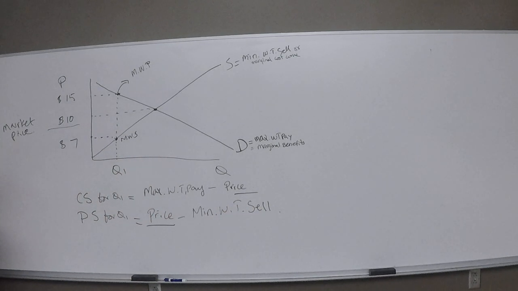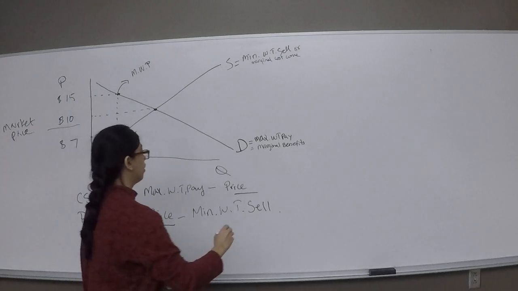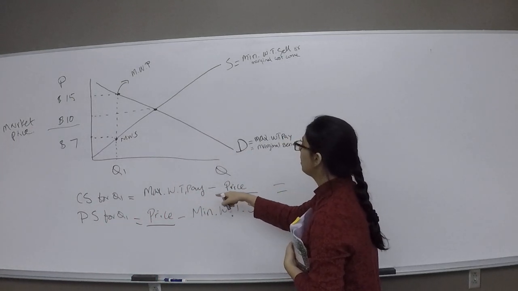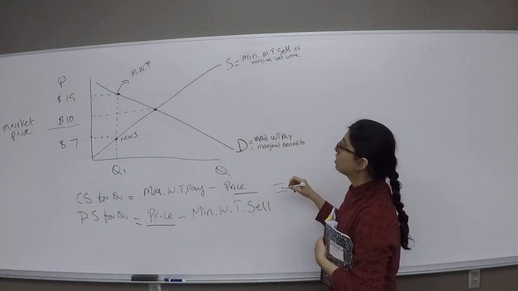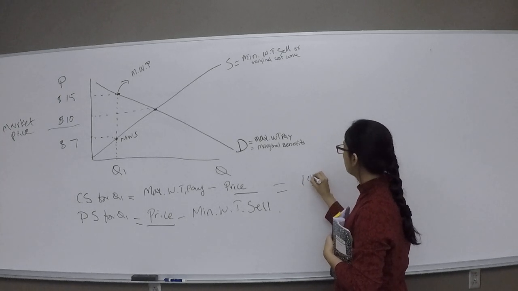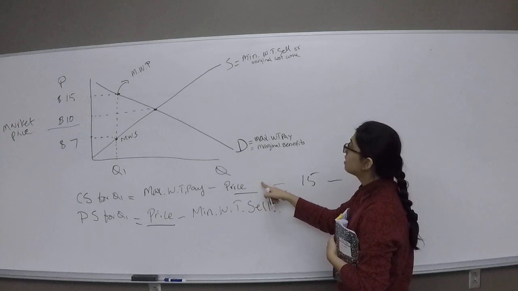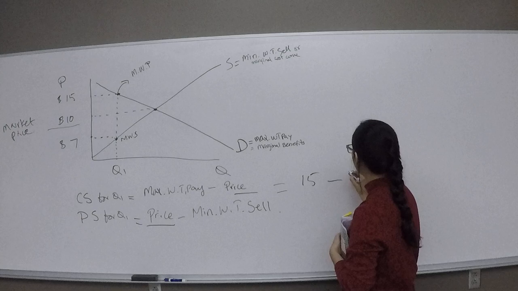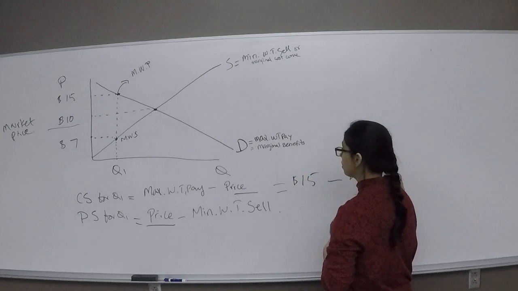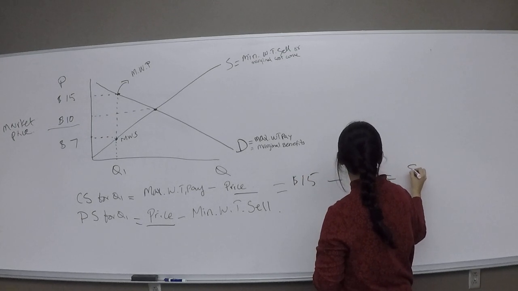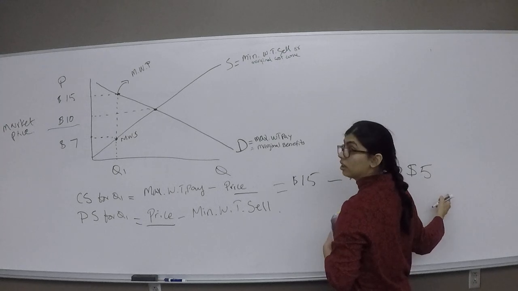Okay. So calculate the CS. The maximum willingness to pay is how much? $15. The price actually paid is $10. So what is this consumer surplus? $5, right?